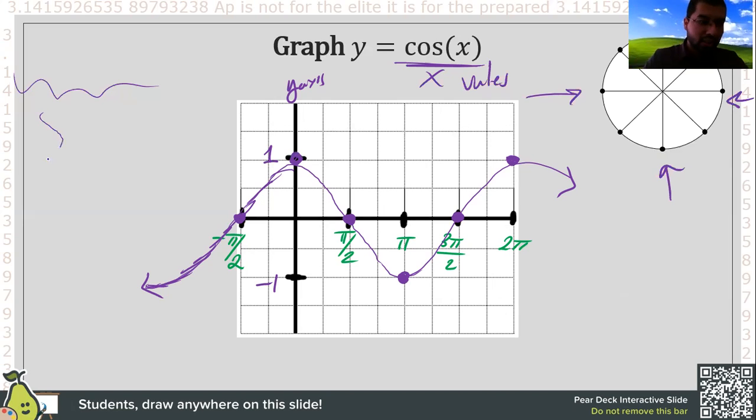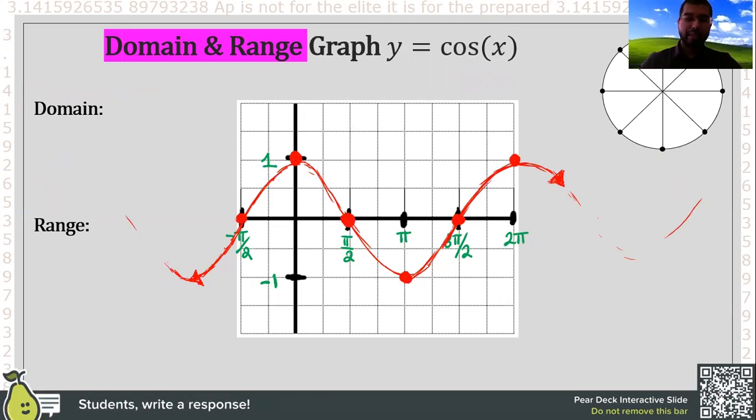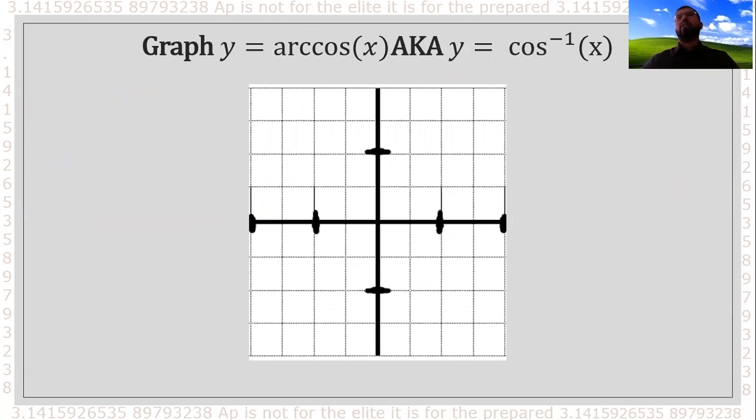And as you saw, it's going to be very tough for this to be a function because this will not pass my vertical line test. So therefore we must limit the domain. Go ahead and think about that. How will that be limited in our domain?